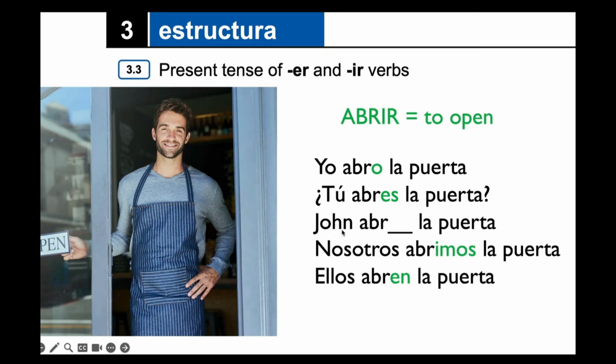So for John, what will be the ending? Hopefully you said abre. So o, es, e. John abre la puerta. Nosotros abrimos la puerta. We open the door. Ellos abren la puerta. Again, the endings o, es, e, imos, en.